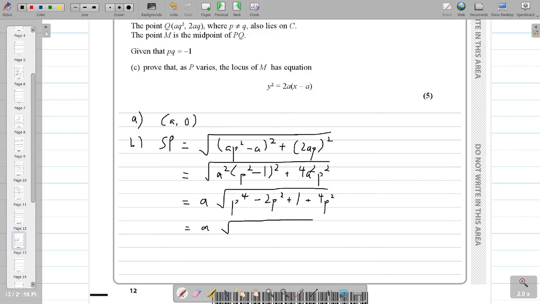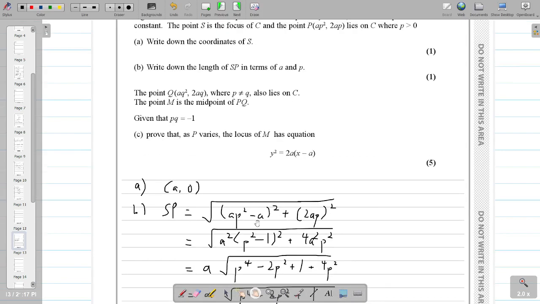A bracket square root P to the 4th plus 2P squared plus 1, which is essentially just A P squared plus 1 squared. So it's A P squared plus 1. All that with 1 mark, right? A P squared plus 1.